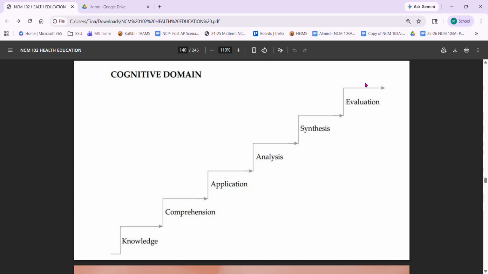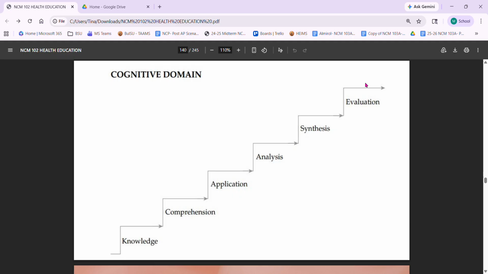So, dito sa domain na to, makikita mo yung hierarchy na as you progress, mas complex, na parang analogy na ikaw ay nag-climb ng stair. So, you cannot get to the top unless you go one step at a time. Okay, so it starts with knowledge. So, tandaan, knowledge first, comprehension, application, analysis, synthesis, and evaluation.